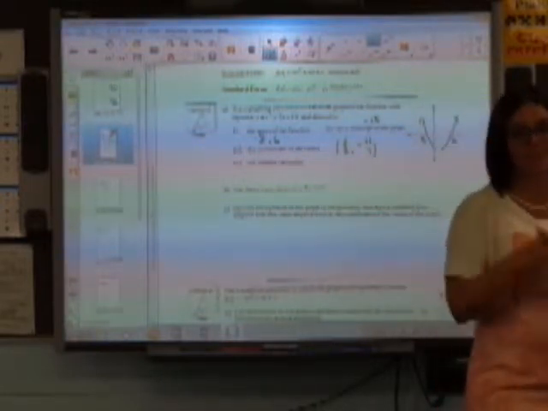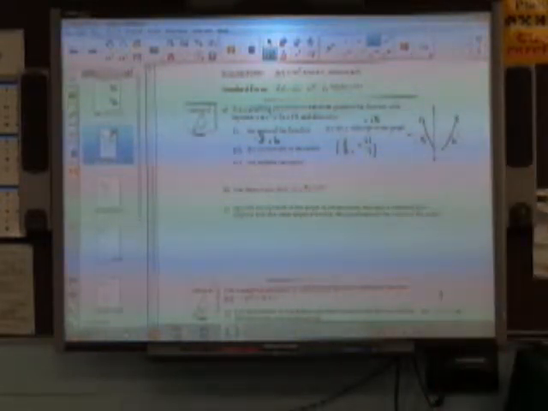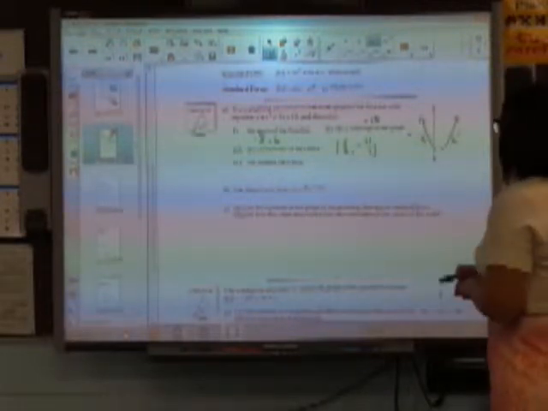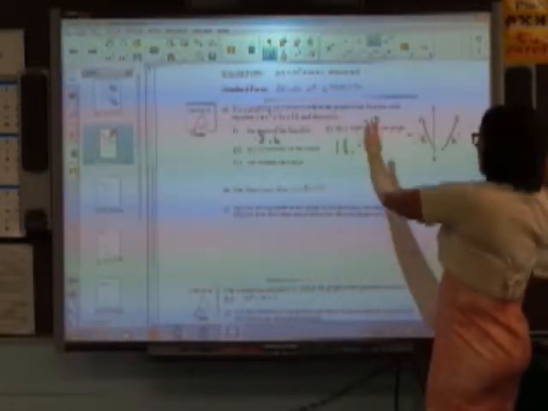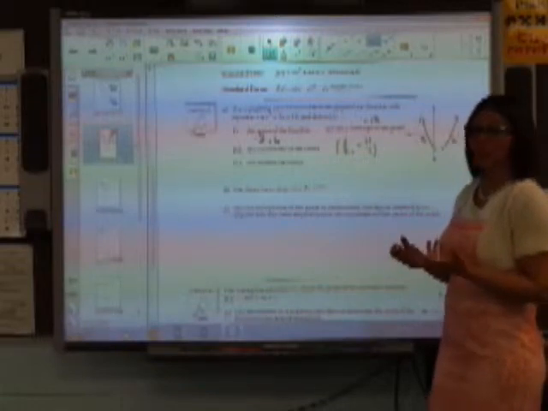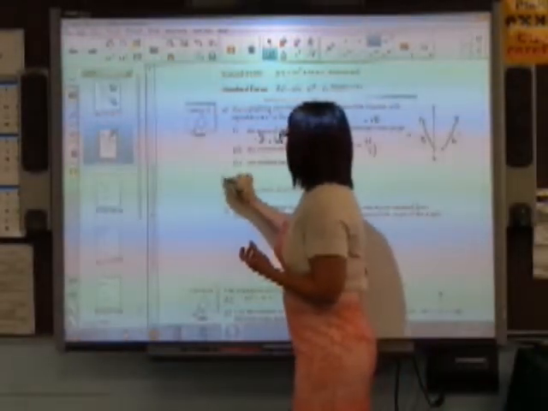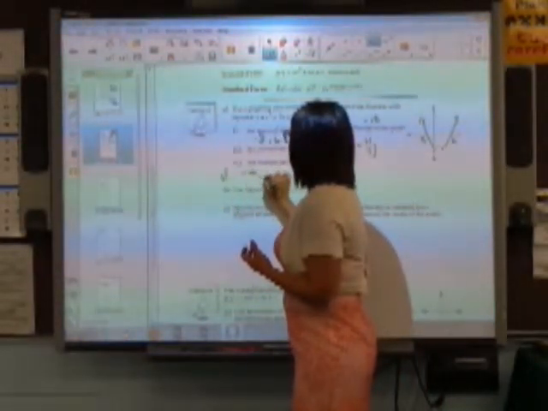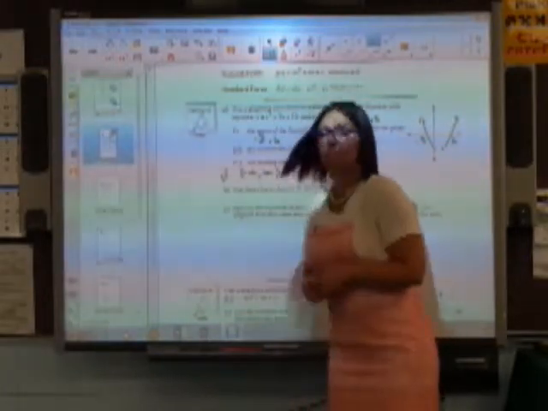So what's the domain? Negative infinity to positive infinity. The domain can be anything. There's any possible x value that I can have. So domain, negative infinity to positive infinity.